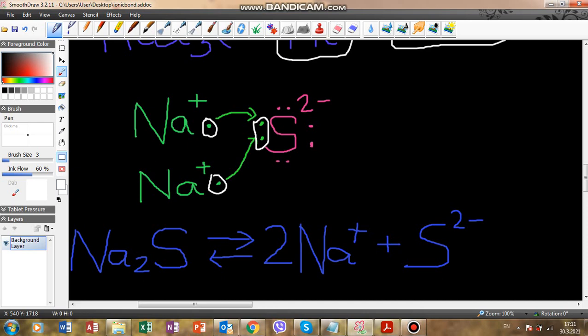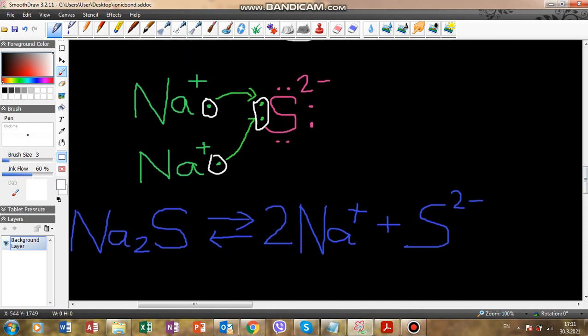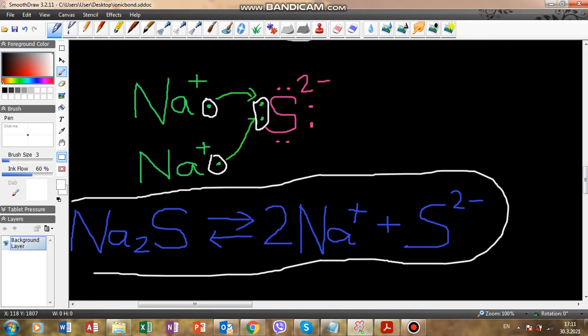So because sulfur needs 2 electrons, the formula of this compound is Na2S, and the equation of dissociation is shown here. We'll have 2 sodium cations and 1 sulfur anion with a charge of 2 minus.